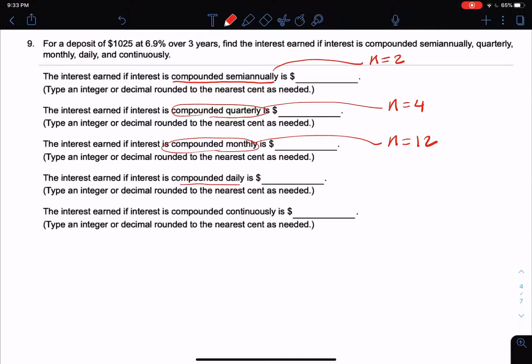Compounded daily. Whoa. Now that is a lot of compounding periods, once a day. So in a year, it's 365 compounding periods. And compounding continuously. Yikes. Now that sounds impossible. How could you compound continuously every moment of the day? That really gets into looking at the limit of our formula.